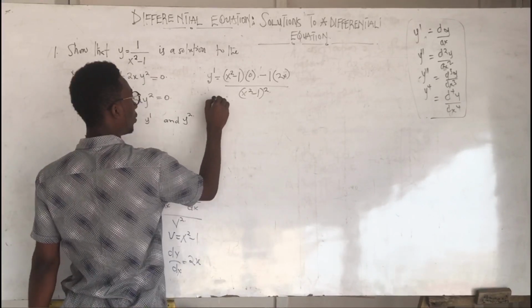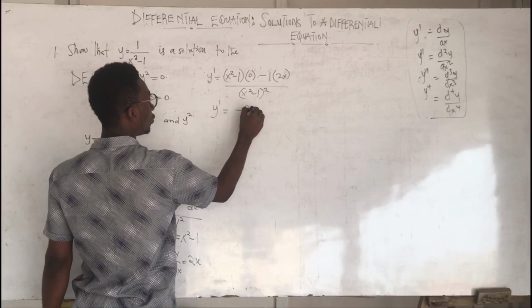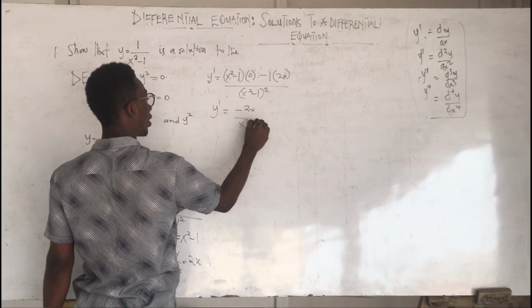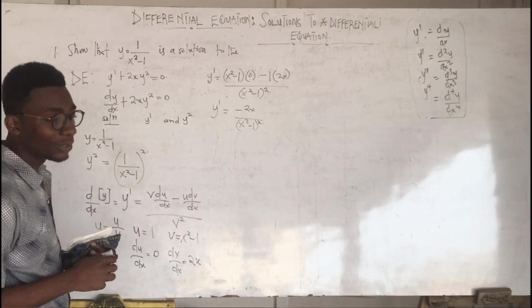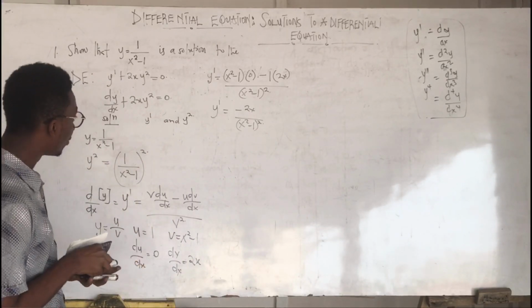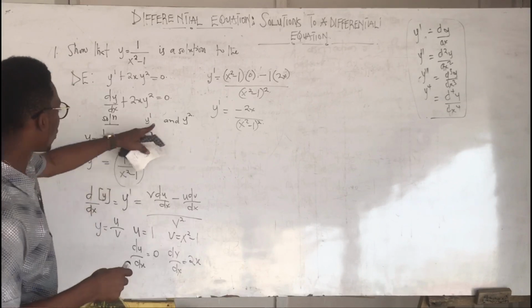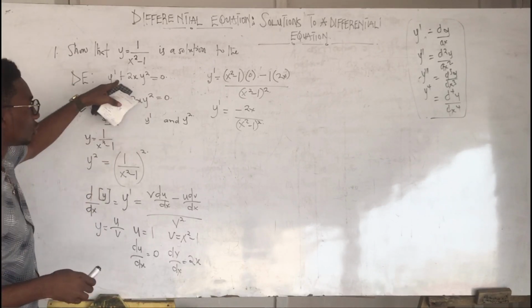When you simplify this, you get minus 2x divided by x squared minus 1, all squared. That is our y prime. So we've gotten our y prime and our y squared, and we can put them into the equation.